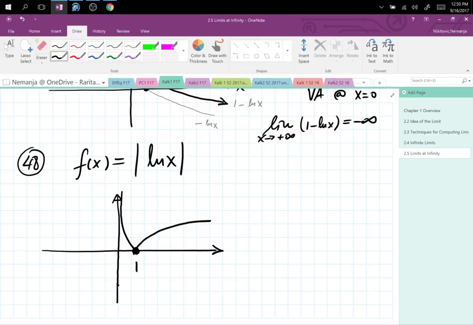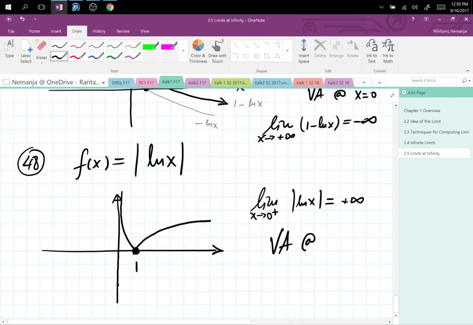So looking at this, again, limit as x approaches 0 from the right of our function, absolute value of ln x, is equal to positive infinity. Therefore, there is a vertical asymptote at x equals 0. And for end behavior, the limit as x goes to positive infinity of the absolute value of ln x is equal to positive infinity.